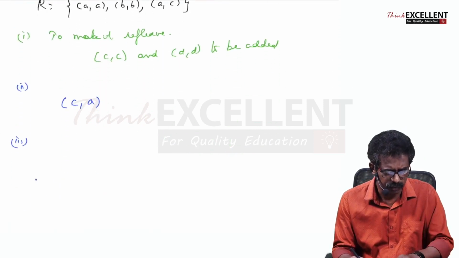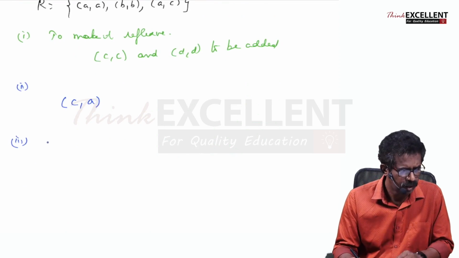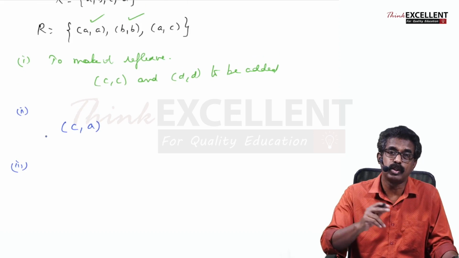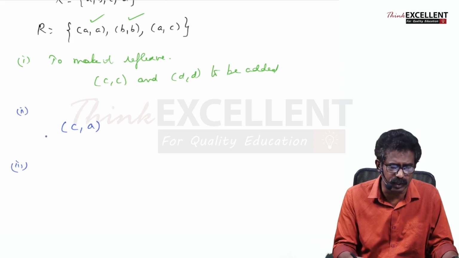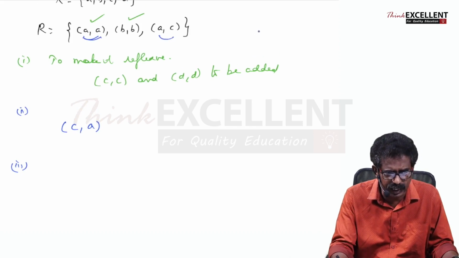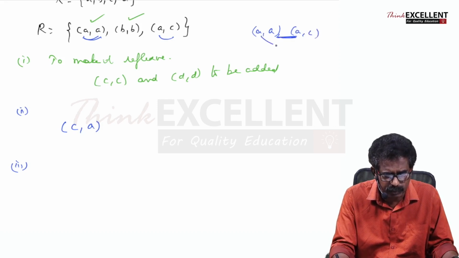So for transitive, what are the things to be included? Listen, transitive means A related to B and that B related to something. So see here, A related to A and that A related to C. A related to A and A related to C, then A must be related to C. Yes, it is there.